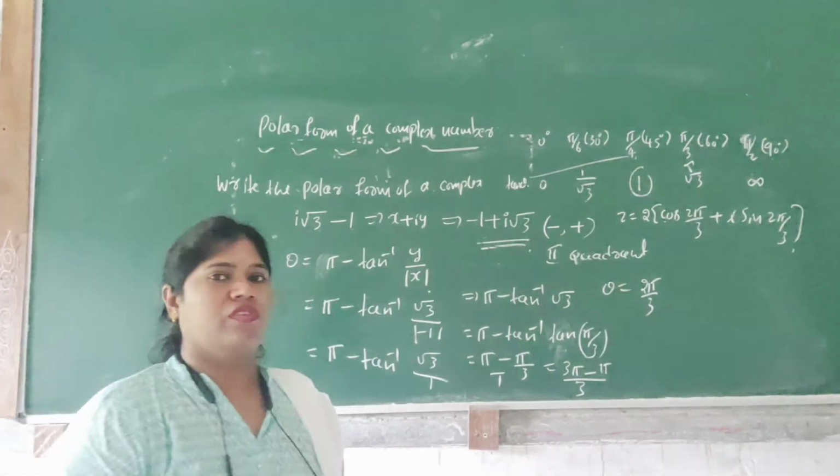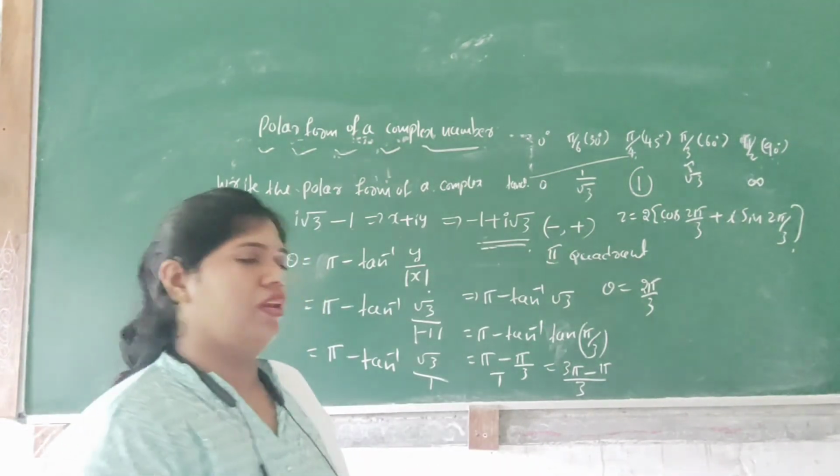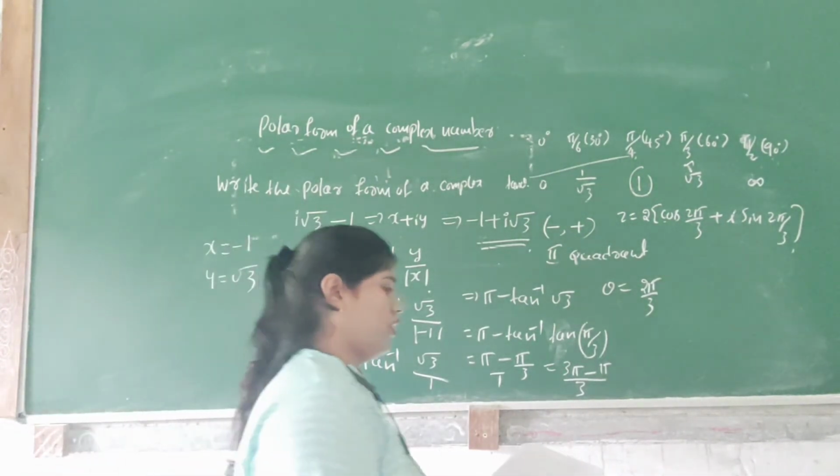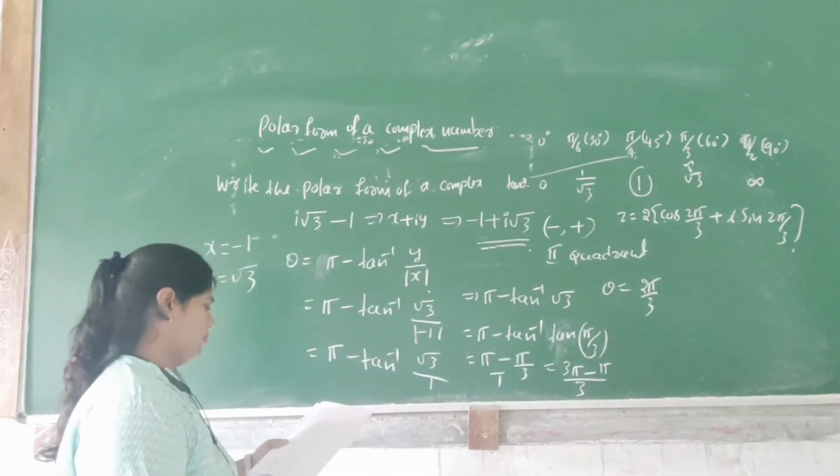Okay? So this one is for 2 marks, this is an outcome for 2 marks, and we'll solve it for 3 marks also in the next session. We'll solve one of this a plus ib form.